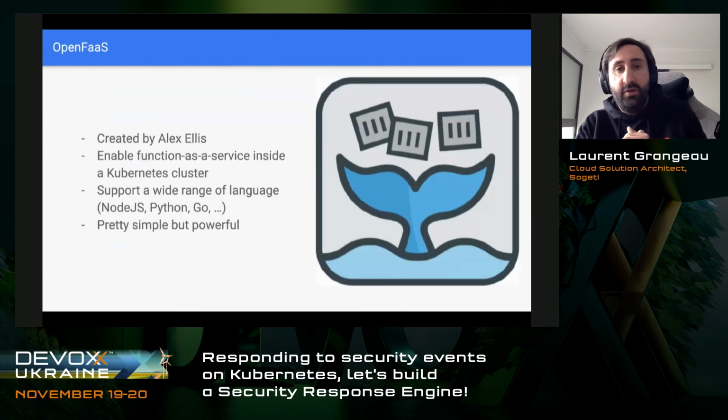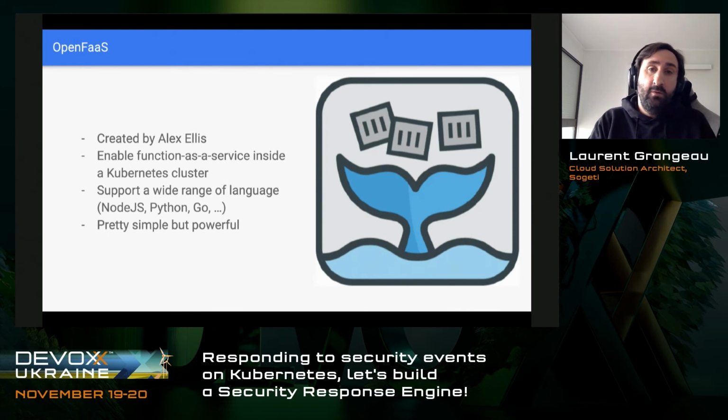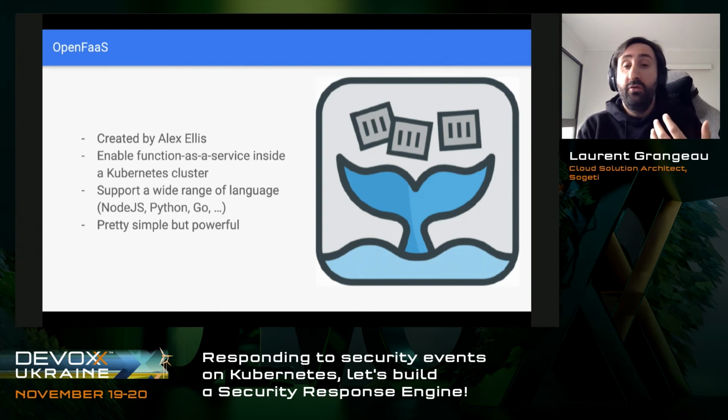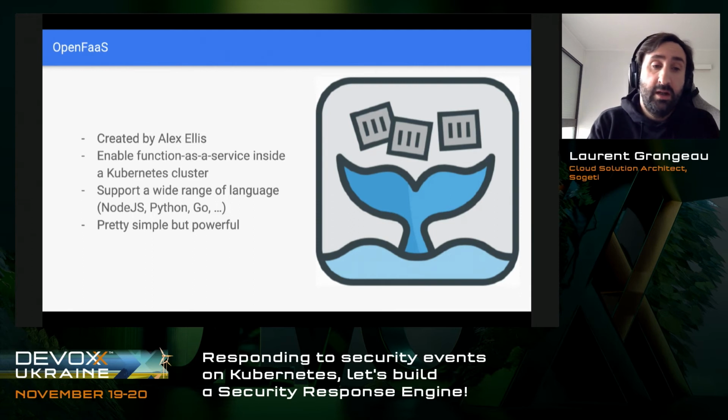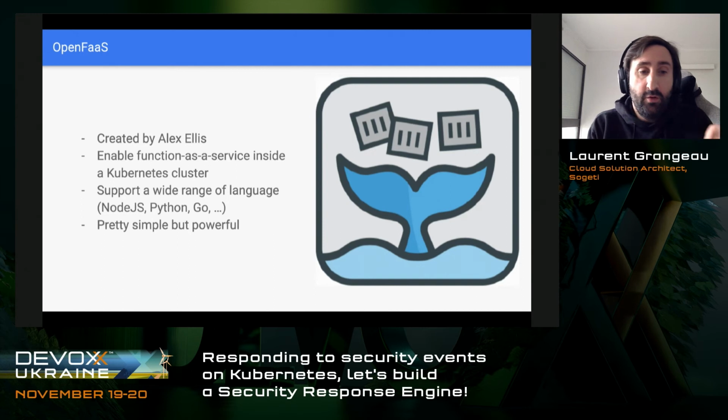And for the sake of the demo, I have chosen OpenFaaS because it's really convenient and really easy to install. It has been created by Alex Ellis, who resides in the UK, and it's basically function as a service inside the Kubernetes cluster. And of course, you can use lots of different languages like Node.js, Python, Go, .NET, Rust, whatever you want. And it's really, really powerful, but really simple.